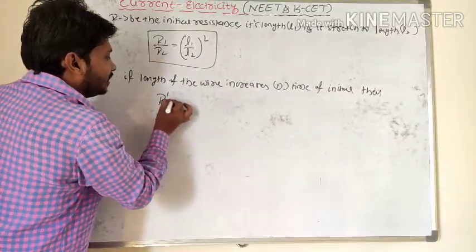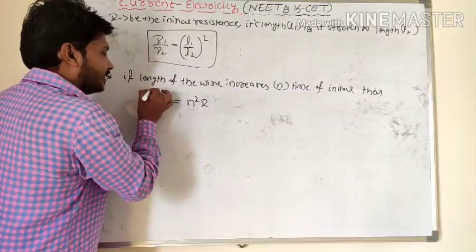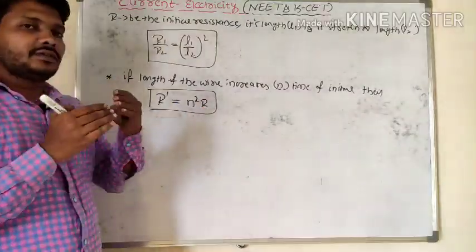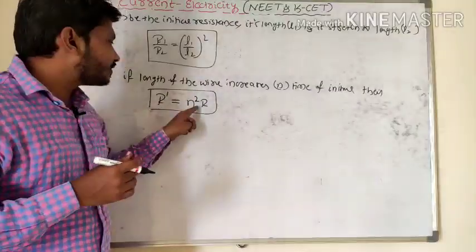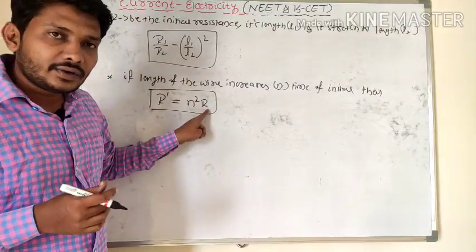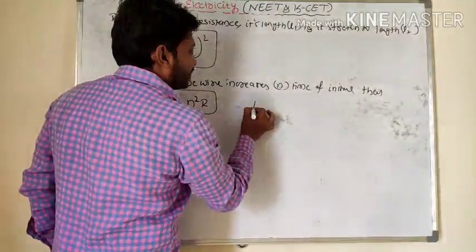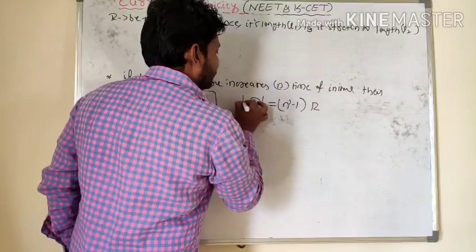The new resistance is n square into the initial resistance. If the length of the wire is stretched by n times the initial one, then R dash is equal to n square into R. In terms of percentage, I will consider n square minus 1 into R.